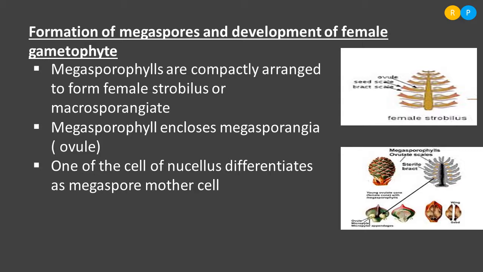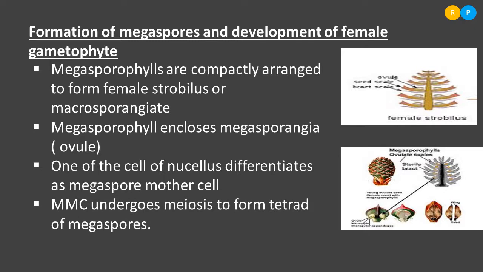This cell is dominant now, so many cells will surround the megaspore mother cell. The megaspore mother cell increases in size because it is a dominant cell now. And why does it increase in size? Because this is the cell forming the megaspores in the megasporangium.